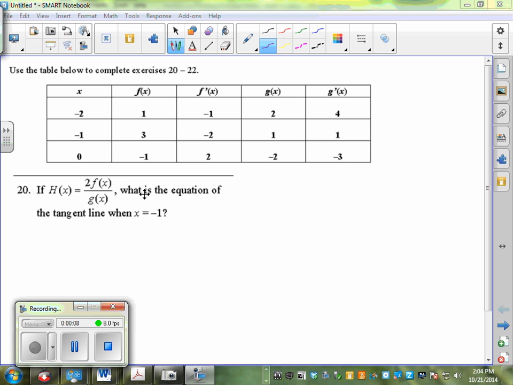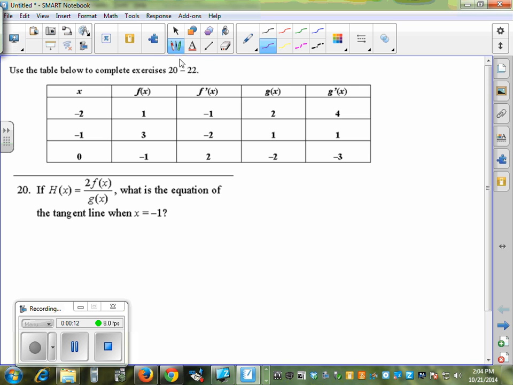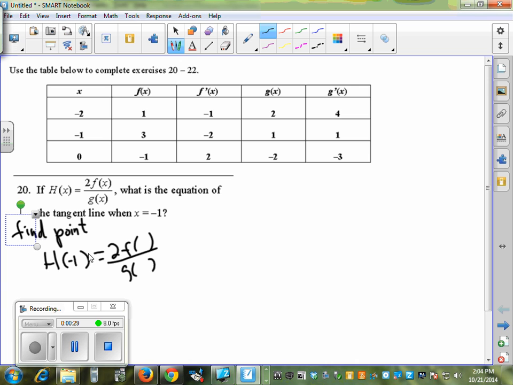This is number 20. We want to know the equation of the tangent line, and anytime they want the equation of a line, we might as well go ahead and find the point of tangency because we know we're going to need it. And that's going to be this function, and all the action is going to be at -1.